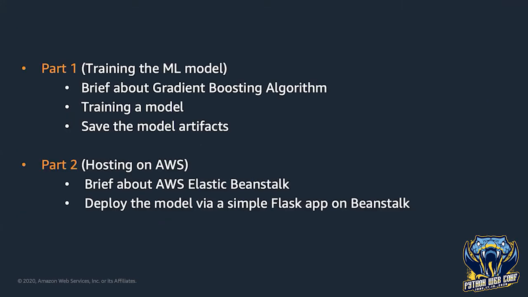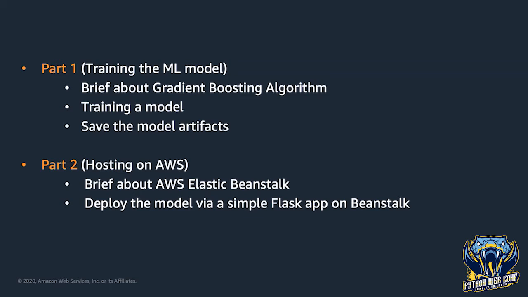What we are going to discuss in the next 30 minutes or so is we will take a small toy example and train a model with that data set, which is available from the Kaggle website. It's a very simple data set. We will be using a gradient boosting algorithm to train that model.